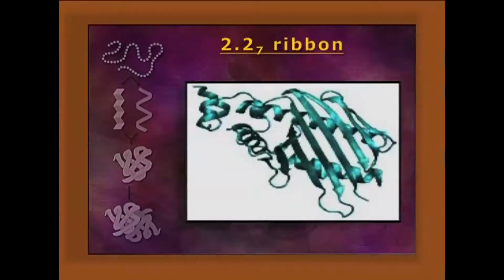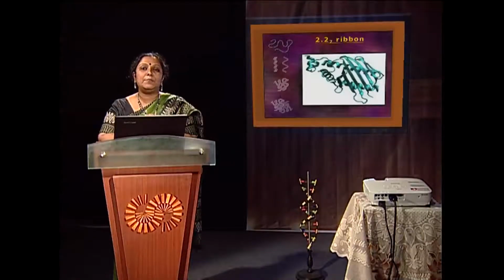The 2.2-7 ribbon is a very constrained structure and is not frequently available naturally. Here we find 2.2 residues per turn, and 7 atoms are involved. The hydrogen bonds are made between C double bond O and NH of residues i to i plus 2, and the pitch is greater than 6 angstrom.